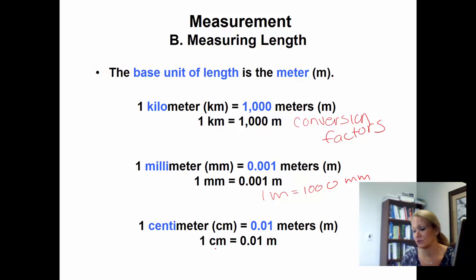So 1 centimeter is equal to 0.01 meters, or another way to say this is that we'd have to have 100 centimeters in 1 meter.